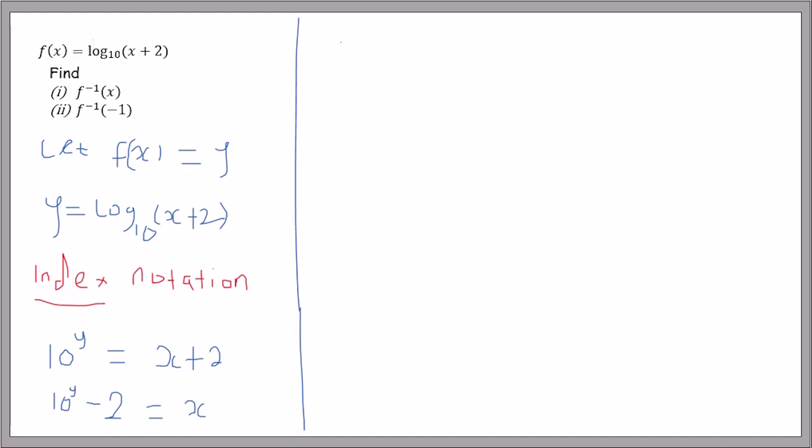So you say my f inverse of x is equal to whatever is on this side, and when you take away the y, you change that y to x so that our function goes back into x.